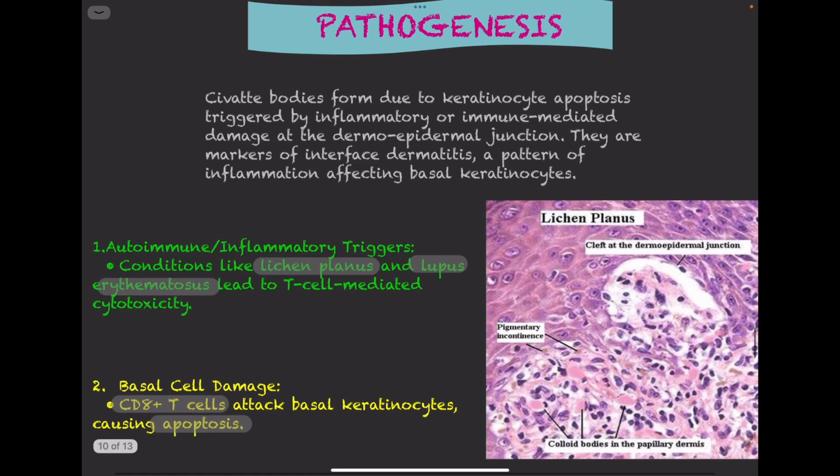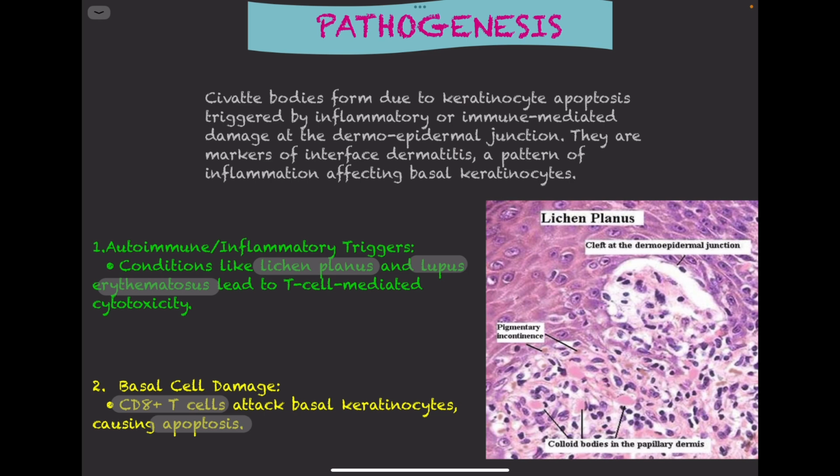So there are certain triggers which can lead to formation of civet bodies. First is obviously your autoimmune disorders or presence of certain inflammatory triggers, right? So conditions such as lichen planus, lichenoid reaction, lupus erythematosus, anything which can trigger your T cell mediated cytotoxicity can lead to formation of your colloid bodies. In all these conditions, the common factor is the cytotoxicity which is due to your T cells, right?